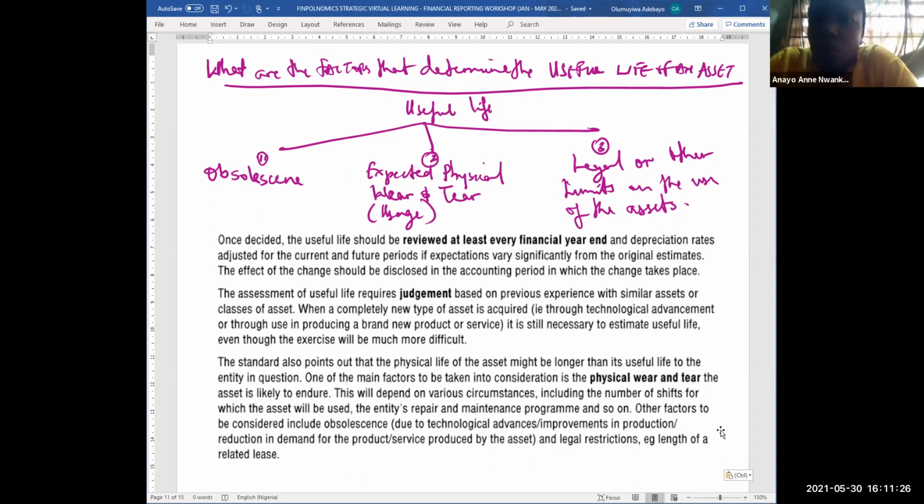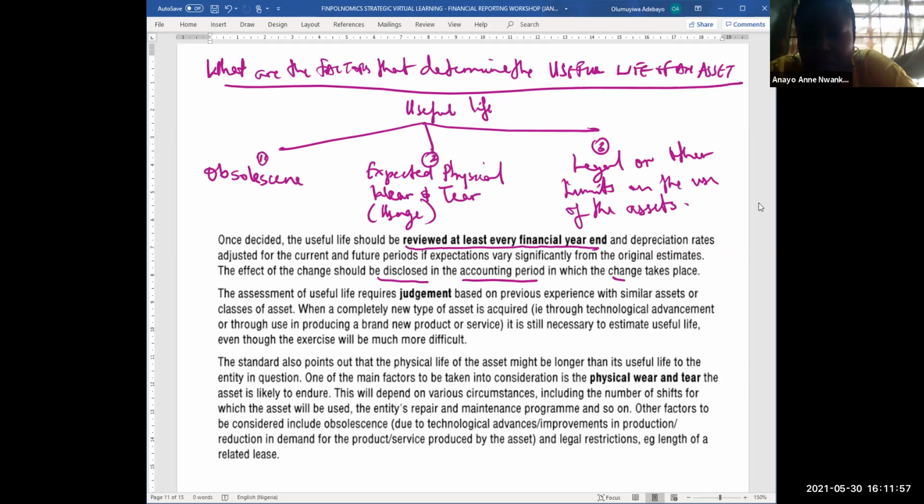Once decided, the useful life should be reviewed at least every financial year end, and depreciation rates adjusted for the current and future periods if expectation varies significantly from the original estimates. The effect of the change should be disclosed in the accounting period in which the change takes place.